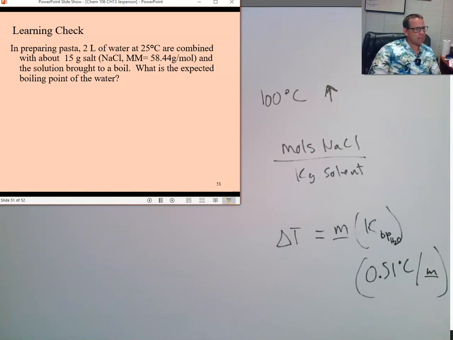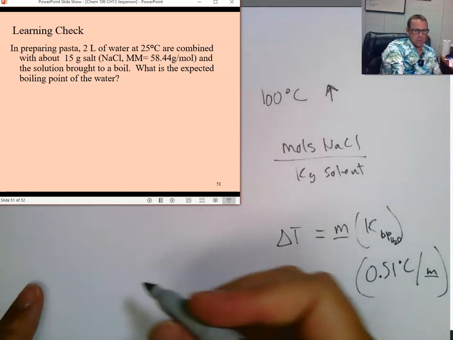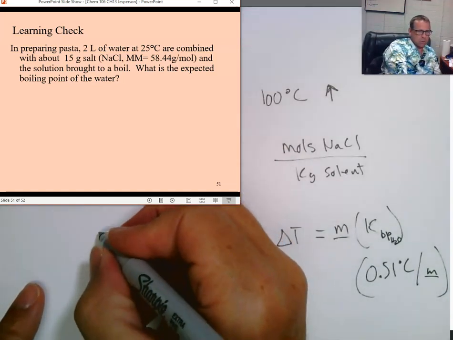How do I find the molality of salt, Taiwan? Moles of NaCl divided by kilograms, not liters, of the water.